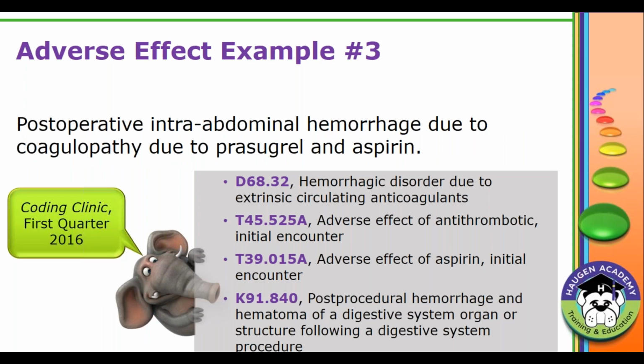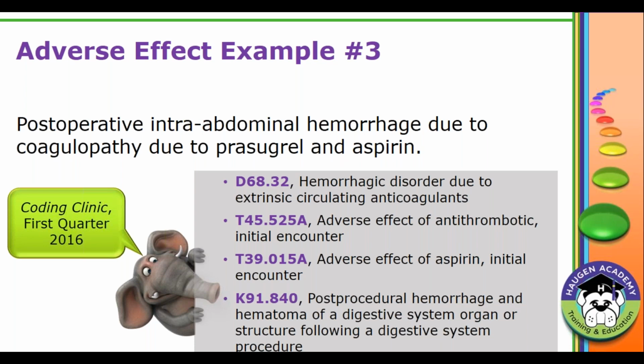The third example, and this is such a common example, is a patient who has a post-op intra-abdominal hemorrhage due to coagulopathy due to prasugrel and aspirin. I should just use the trade name, it's Effient, and aspirin. And this code D68.32 was a new code with ICD-10, which is hemorrhagic disorder due to extrinsic circulating anticoagulants.